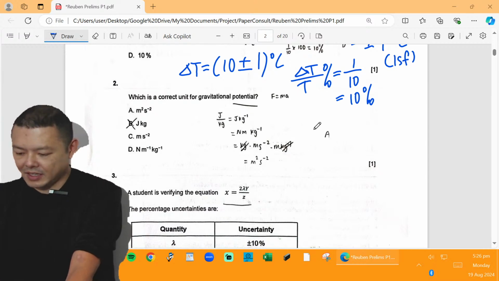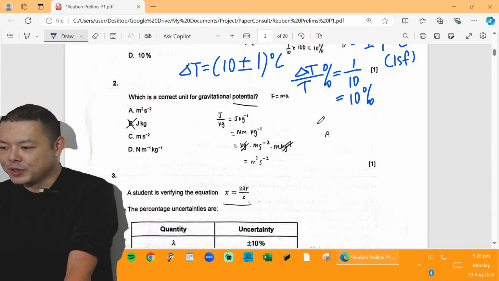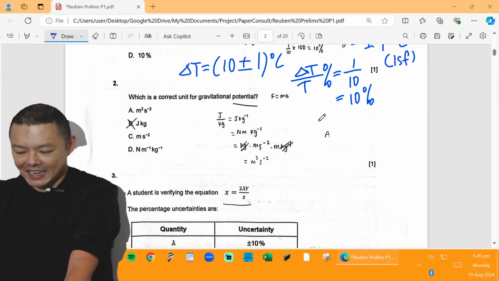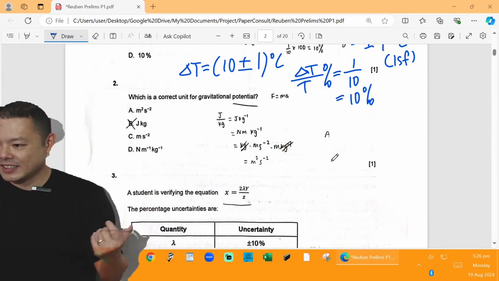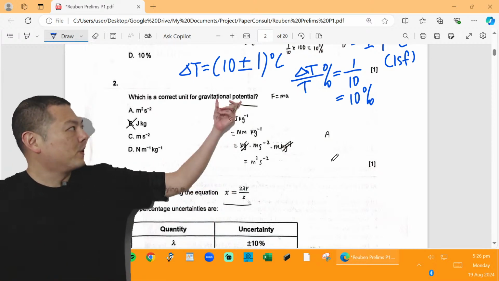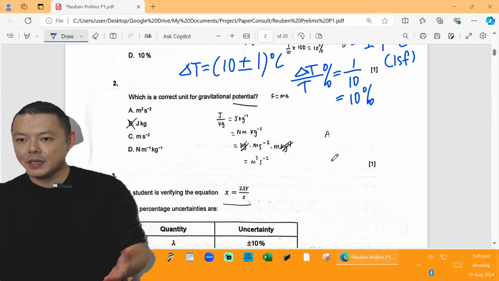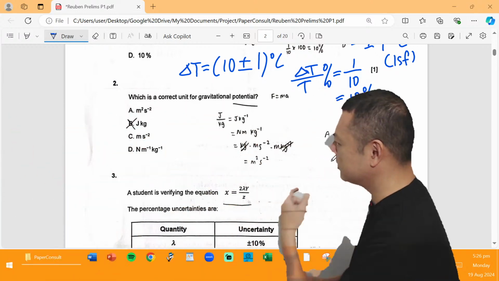So obviously B is out because it doesn't look like joules per kg, and there's only one other option with kg in it. If you can remember that the unit of gravitational potential is joules per kg, then D is the answer. But that would require you to remember that the units are joules per kg. So of course, the question then will be how do you work it out.